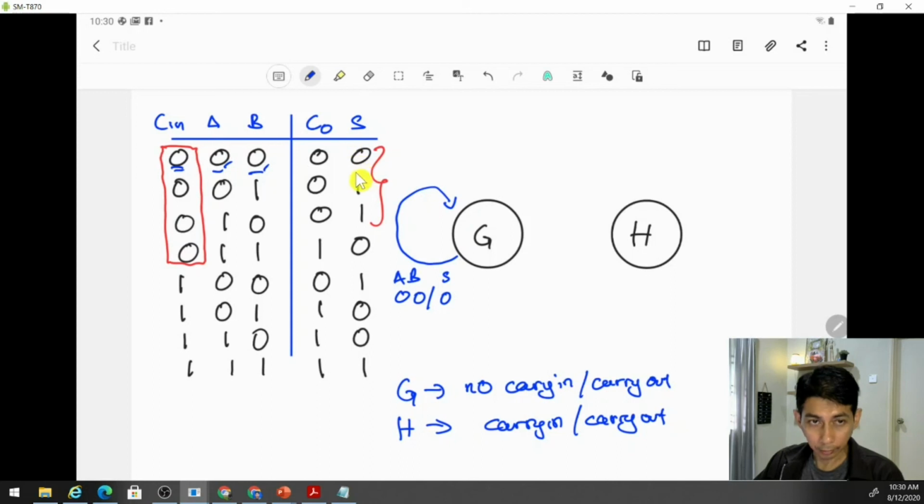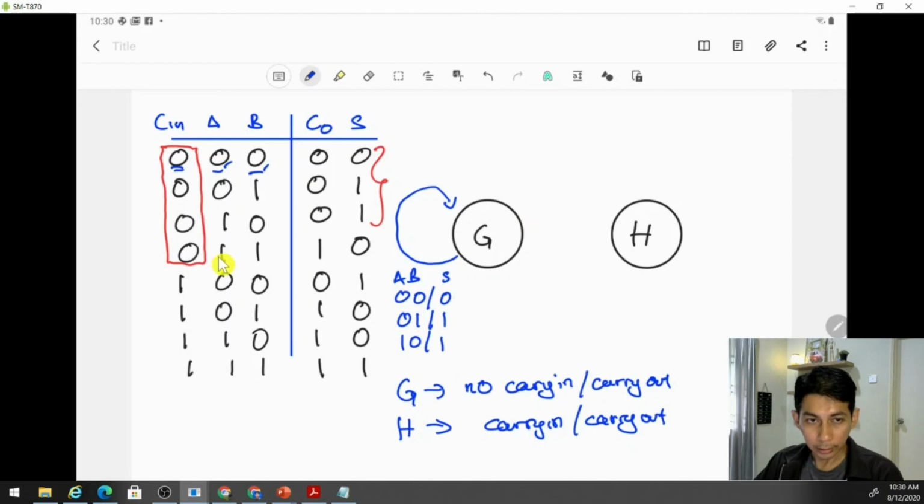And when there is no carry out, we should remain at G. When 0, 1 and 1, 0, S should be equal to 1 and we remain at state G.